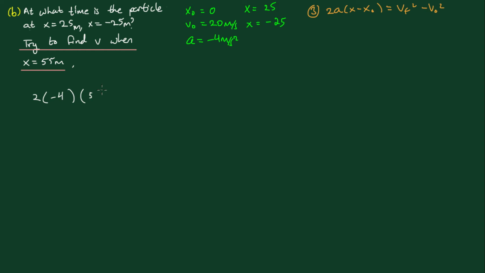So we have 55 minus 0, and that's going to be equal to the final velocity squared, which is what we're trying to solve for here, minus the initial velocity squared. So that's minus v0 squared, so 20 squared, which I'll write as 400. So vf squared minus 400.